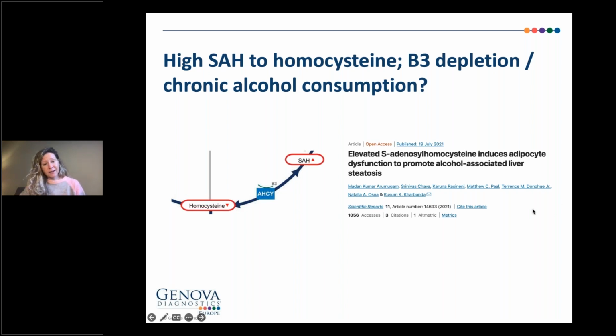So interestingly also, NAD is an important coenzyme of the glutathione reductase enzyme, which converts oxidized glutathione to its reduced form. And alcohol can deplete B3 and the pool of NAD. So there seemed to be this vicious cycle of alcohol increasing SAR and depleting B3, as well as potentially driving low glutathione, which was increasing his oxidative stress levels.